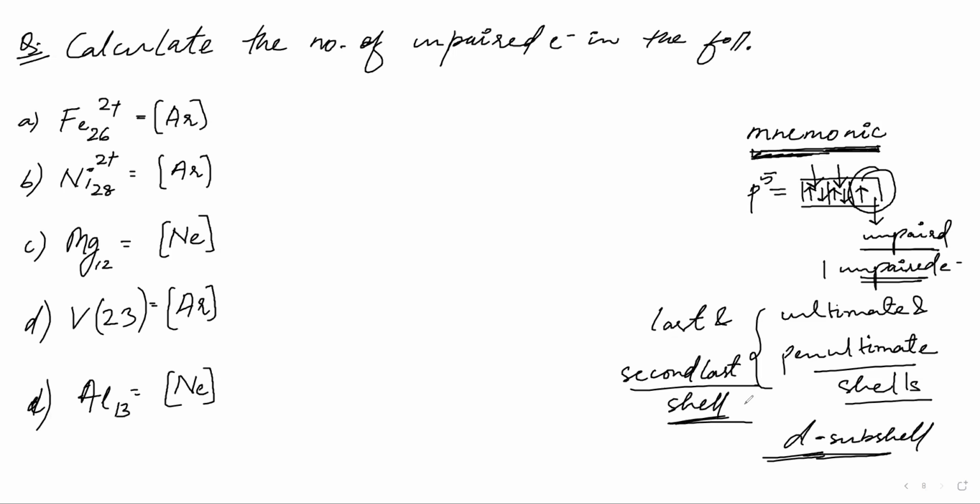So we can have 10 electrons in d subshell, right?